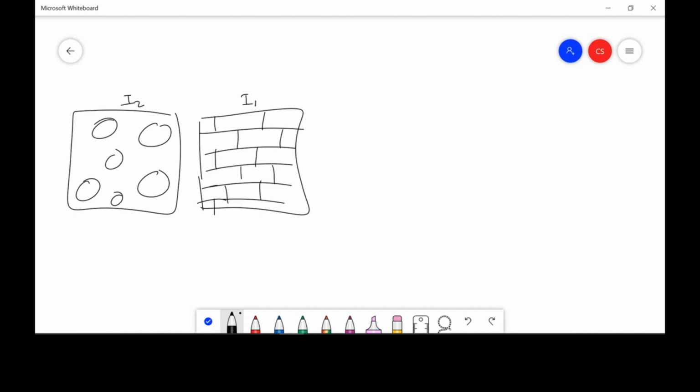So if you take a pixel, any one, and you study the nearby pixels, you take the same here, you study the nearby pixels. They have different kinds of relationships. For instance, this one has most of the pixels of one color.